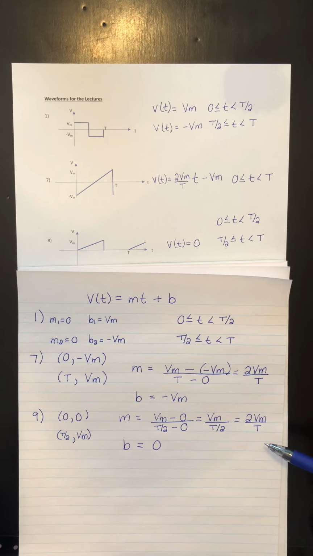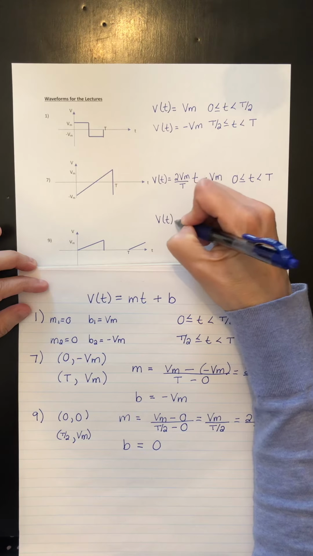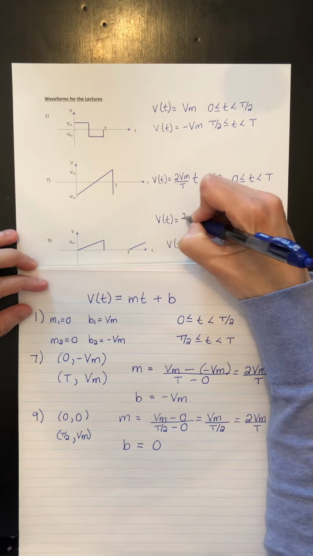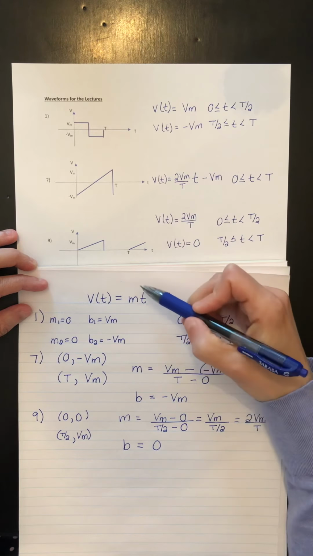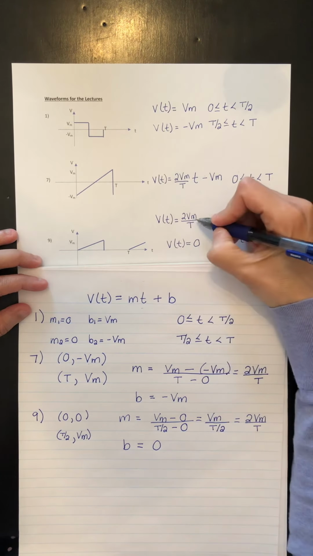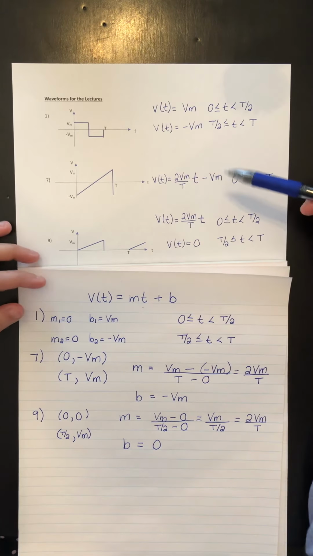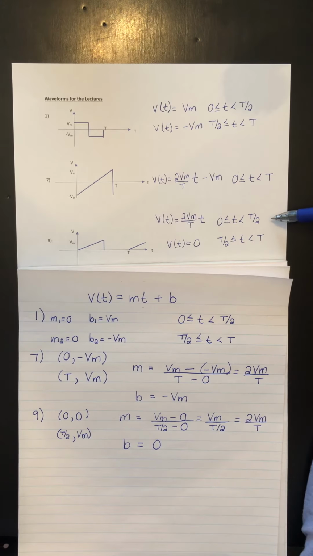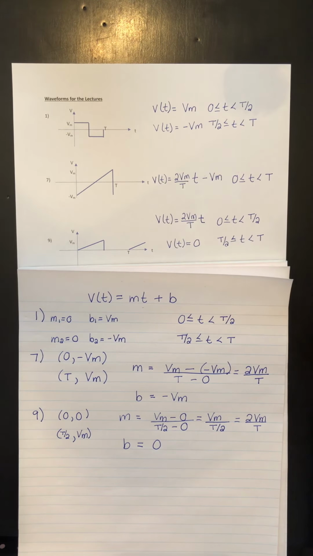And when we do that, we will get this. V at T equals M, which is 2V max over capital T. We have to multiply it by little t, and it would be plus 0. Okay, so now we have the equation for the first half cycle, followed by the equation for the second half cycle.